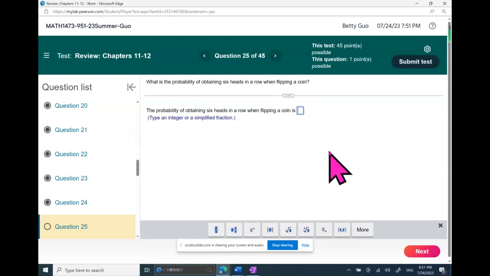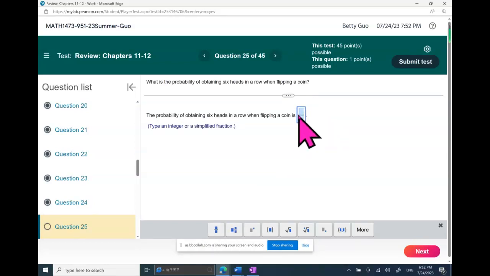Since it's independent, we are going to apply the multiplication rule. Use the first formula: when the 2 events are independent, the probability of A and B would be probability of A times probability of B. In this case, we can generalize the multiplication rule because we have 6 events. So the probability of the first time we get a head, and the second time get a head, and the third, fourth, fifth, and sixth time get a head, equals the probability of the first time get a head, multiplied by all the other probabilities.